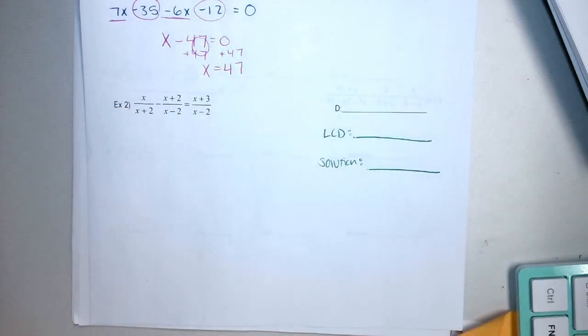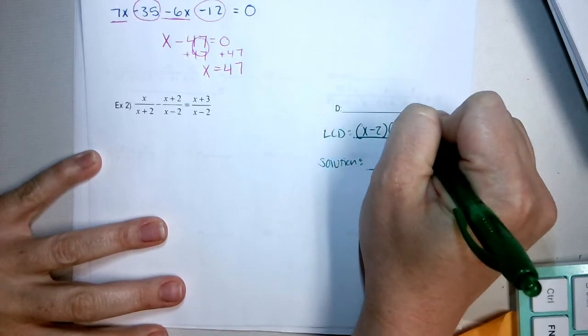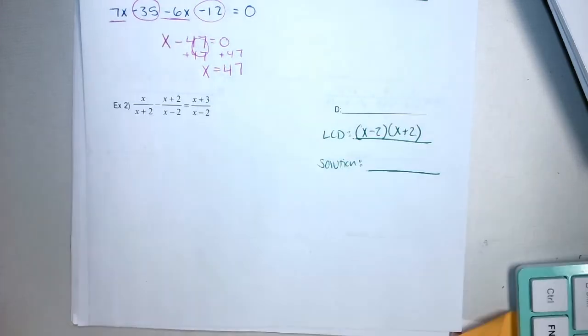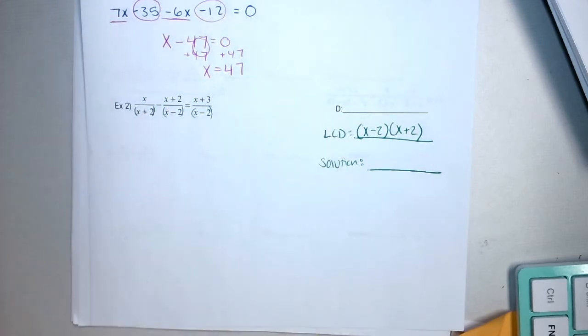So what do you think our LCD is going to be here? x minus 2, x plus 2. Because this one has x plus 2, while these both have x minus 2. Remember, they have to be the same, and we make them the same by multiplying. The only way you're going to do that is by multiplying them by each other.